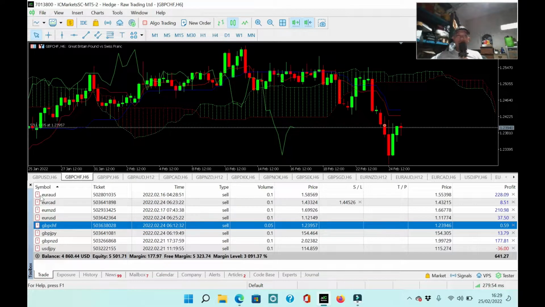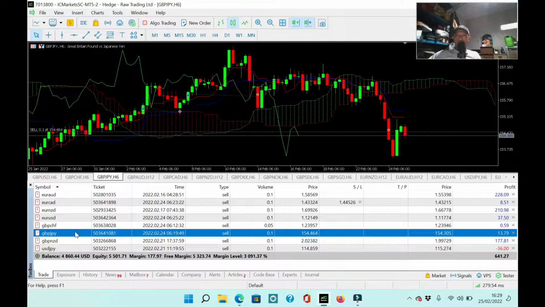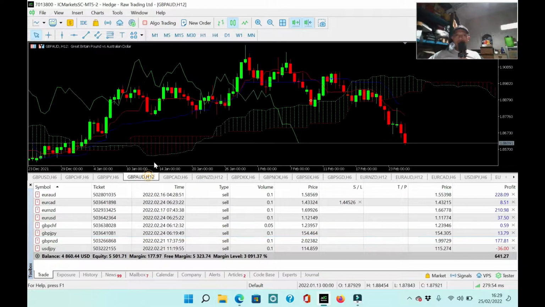Okay, let's pass this and go to the next trade. This is pound sterling Japanese yen, floating 13 pips. This one is quite good. I will let this run. And this one is pound sterling Australian dollar. This is the 12-hour time frame.